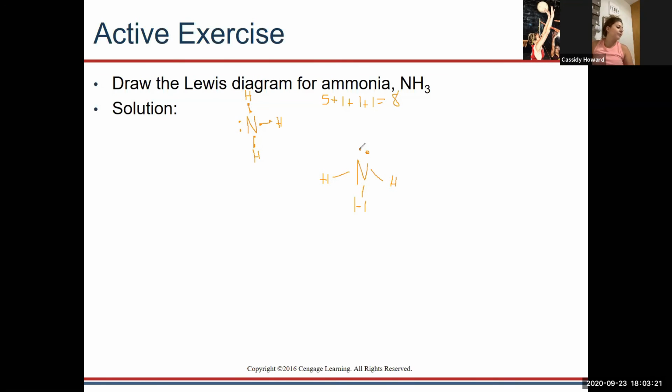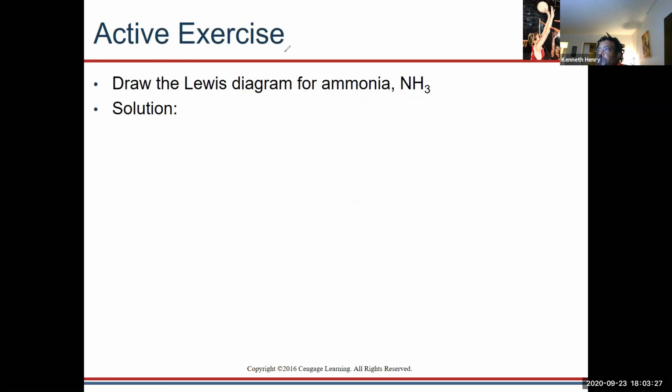Yeah. Okay, so let's say we have something like this. What is that guy going to look like? Carbon in the middle.